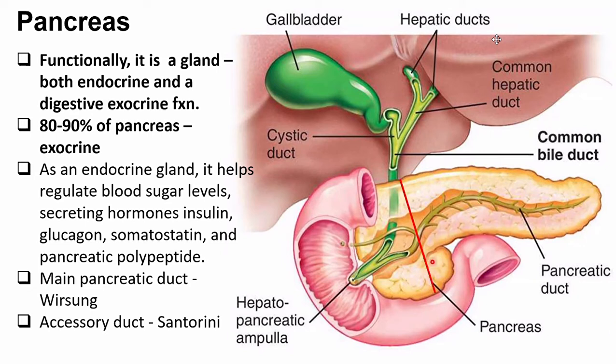So just to give you an idea, the pancreas, from here, this is the head, and this is the neck, and this one is the uncinate process, and this is the body, and the tail.